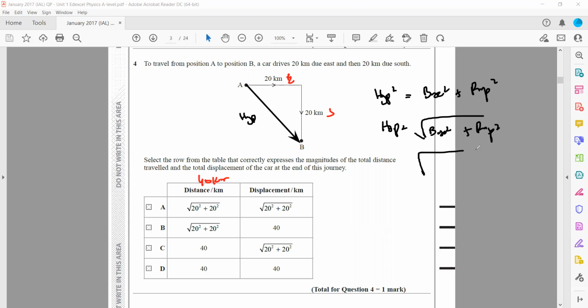So it will be the square root of 20 square plus 20 square, which gives us the displacement. But the total length covered from the starting point gives us the distance traveled. So distance traveled is 40 and displacement is the square root of 20 square plus 20 square.